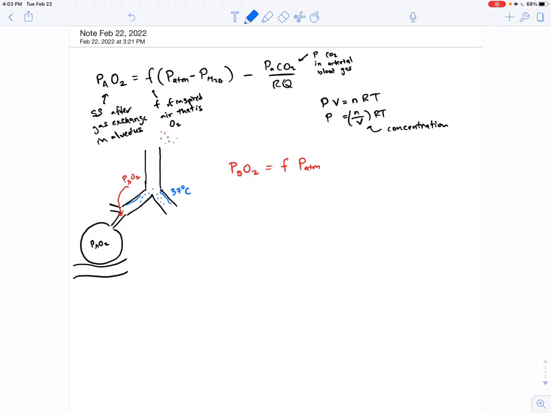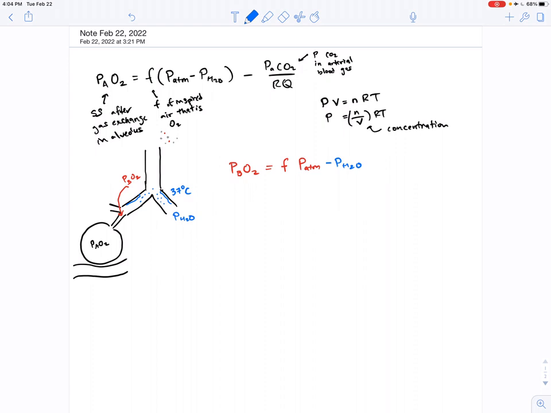There is some equilibrium between water and water vapor, and that equilibrium will produce a fixed partial pressure of PH2O. In other words, there's some fixed concentration of water that describes the equilibrium between the water phase and the water vapor phase. And we have to take that out of our atmospheric pressure because water occupies some of that atmospheric pressure.